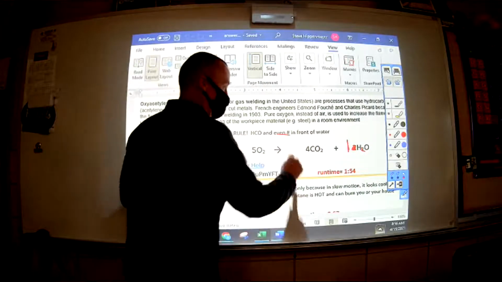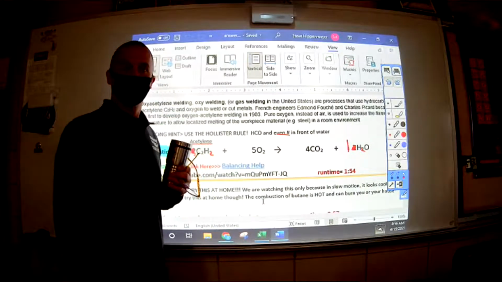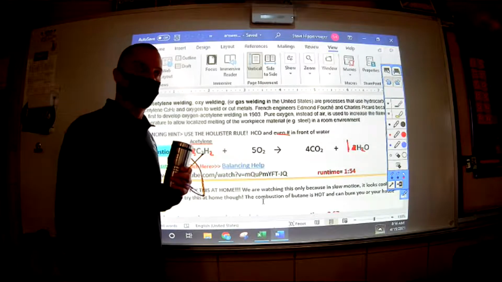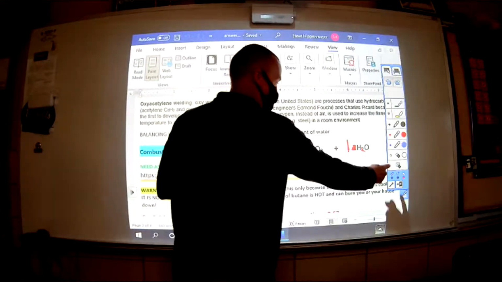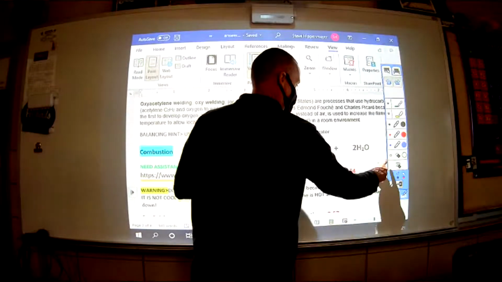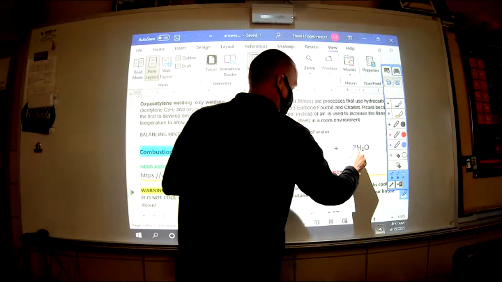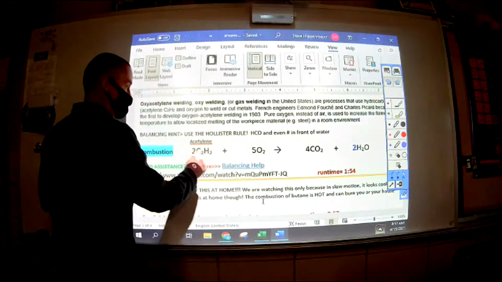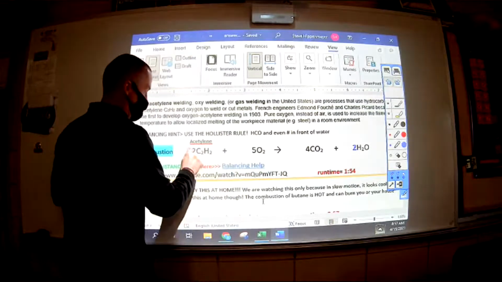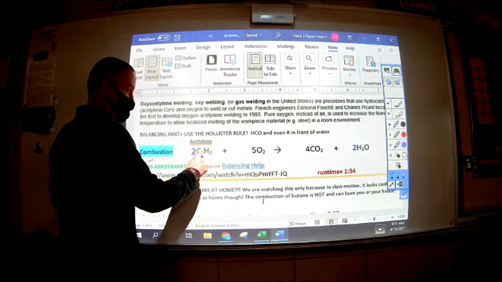1 is odd. When there's no coefficient, the coefficient is actually 1. Instead of a 1, you have to double it and make it a 2, which means you now have 4 hydrogens, so we need a 2 there. 2 times 2 for carbons is 4.